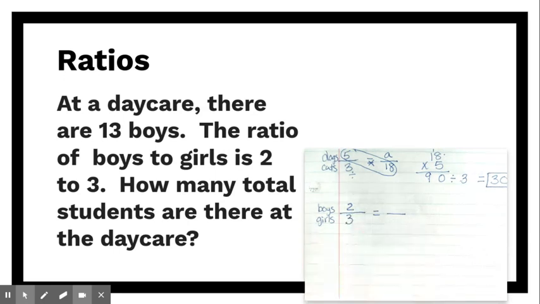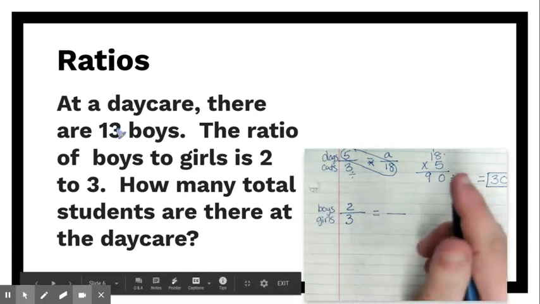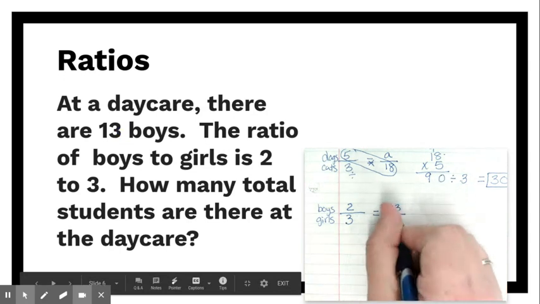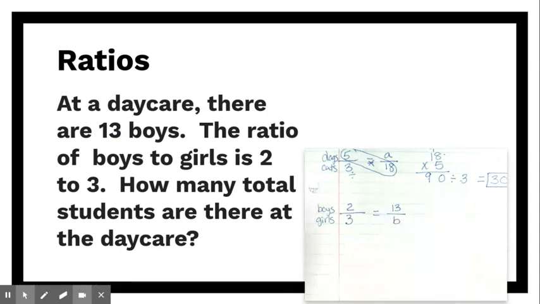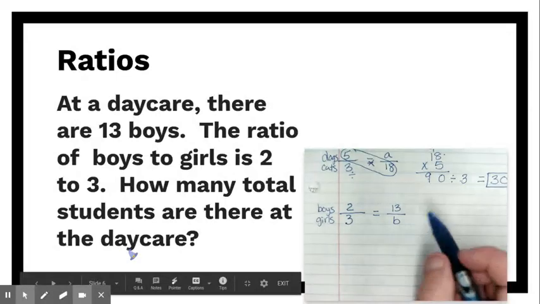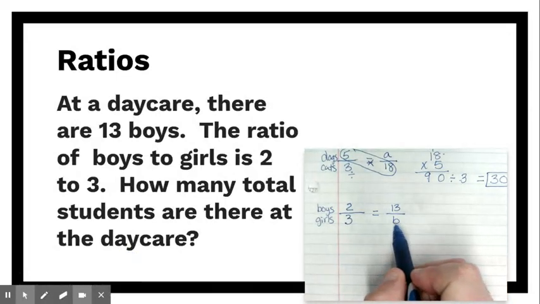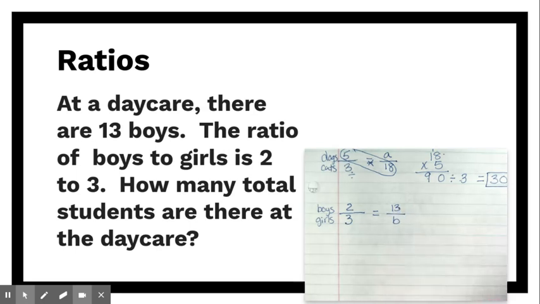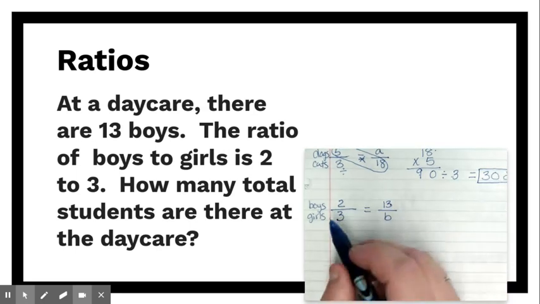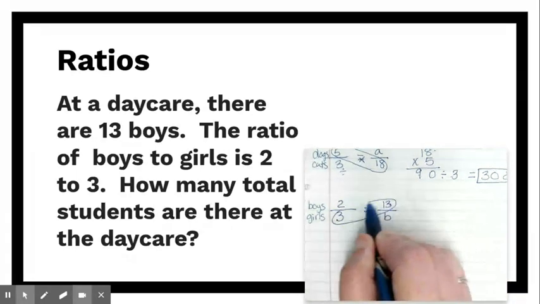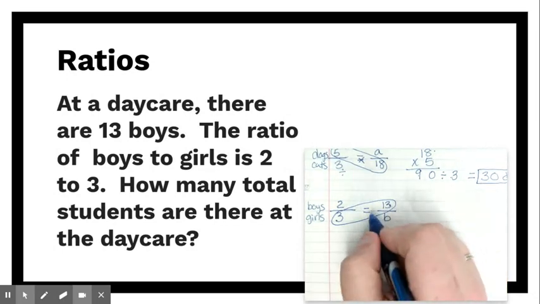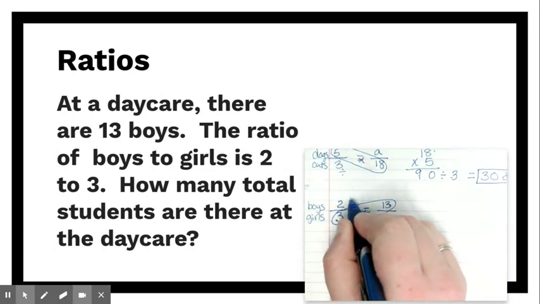I'm going to write the 13 boys up here. That means we need to find our girls. But this one says how many total students are there at the daycare. So I need to find how many girls I have, and then add that onto my boys to find total students. Let's find girls first: 3 times 13 divided by 2.